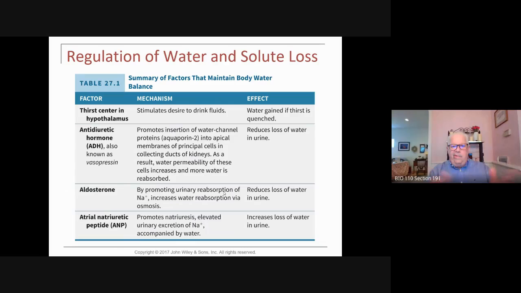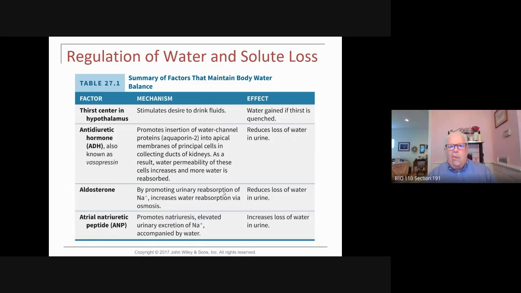Okay, and here's the review. It shows you exactly what we're talking about. Why do you drink fluids? Because the thirst center in your hypothalamus is stimulated because your blood osmolarity is too high.